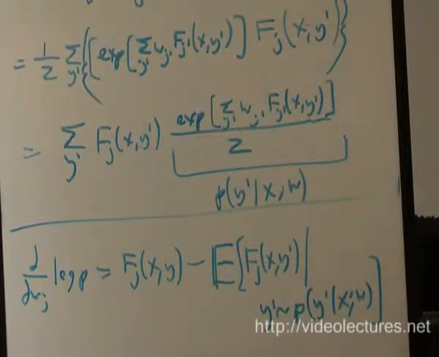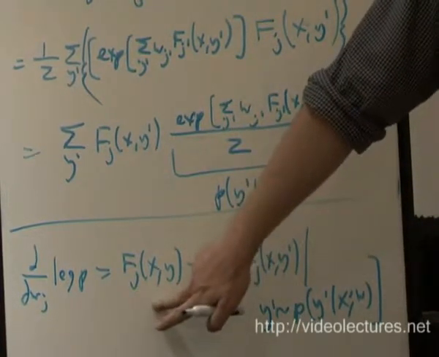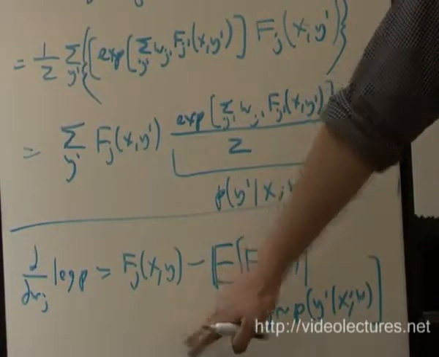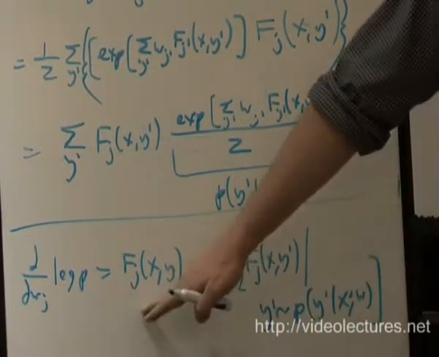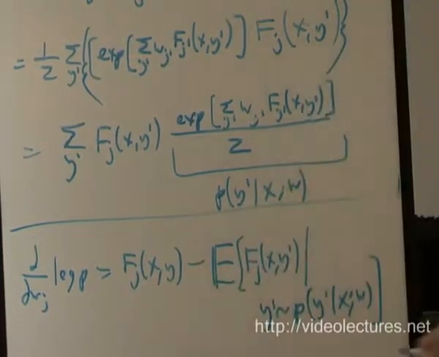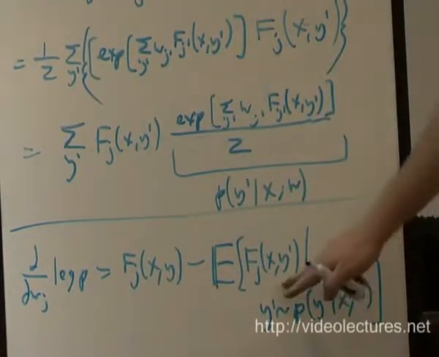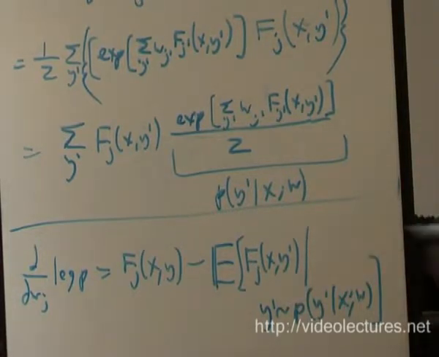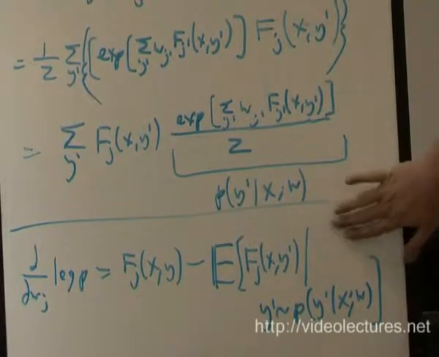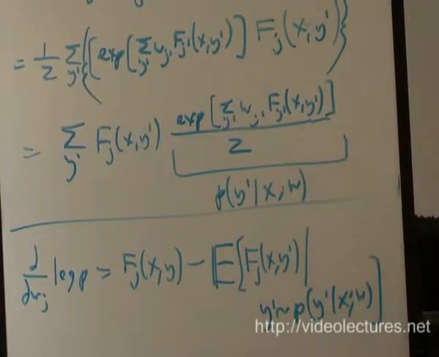So what it's saying is that the observed value of fj, x, y for the training example xy has to equal the expected value of this same feature function, where the y primes are all possible labels weighted according to their probabilities.